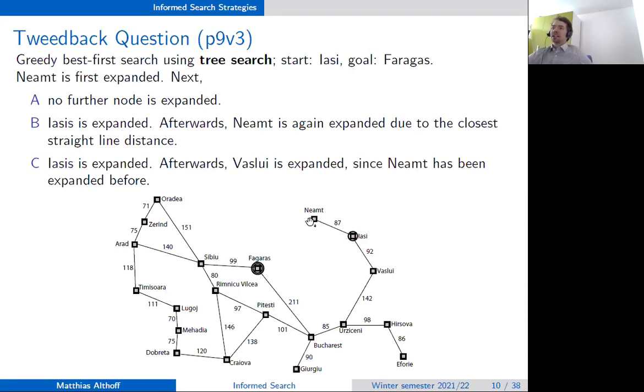We go to Niemt, and then the next node with the shortest straight line distance is the Iasi, and then Niemt again, and so on. So we flip forth and back here. So C would have been correct if we would have used graph search. And of course, no further node is expanded only happens if we cannot move anymore, but in this graph, we can always move and go to a next state.